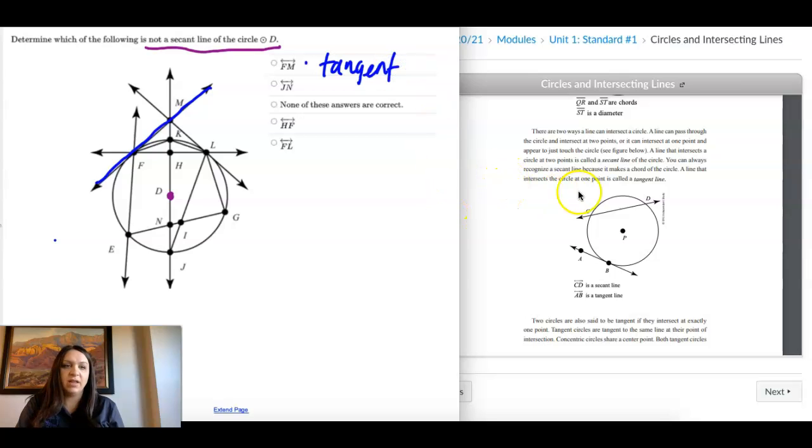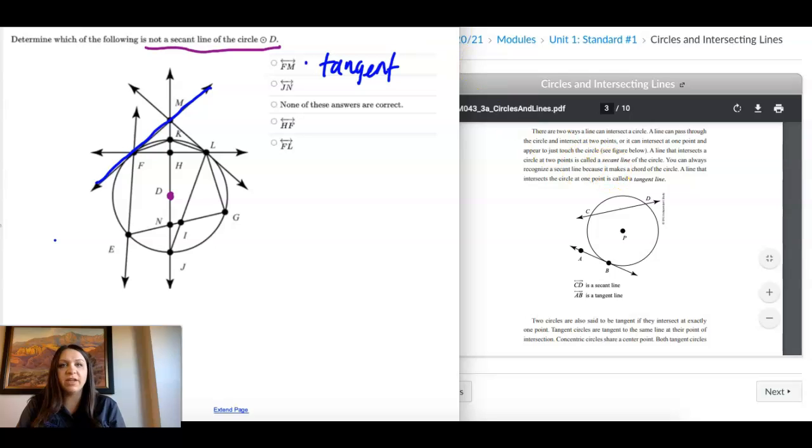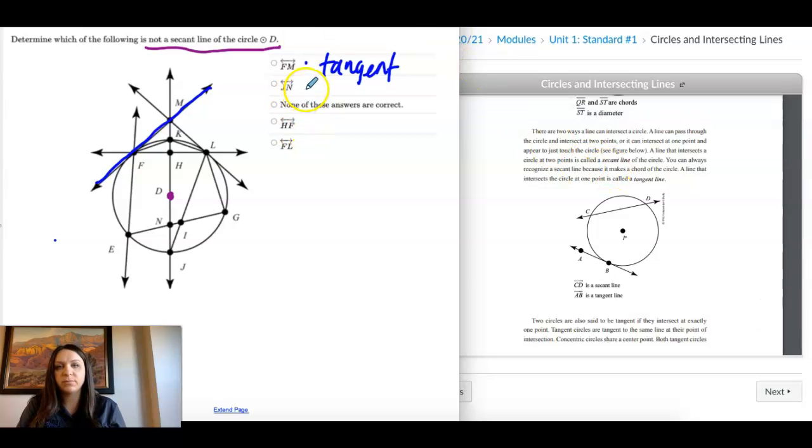And a secant line crosses the circle at 2 points. So JN doesn't go through the circle at 2 points. HF does not go through the circle at 2 points.